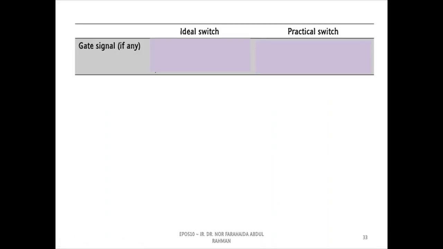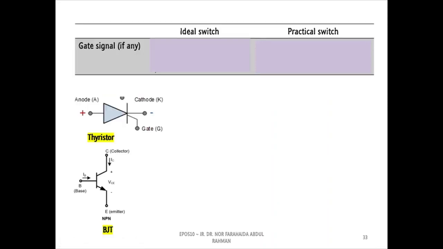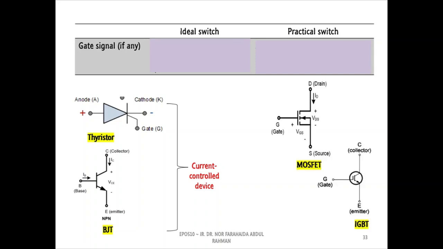Regarding the type of gate signals, thyristors and BJTs require current signals to turn on. Hence, they are known as current-controlled devices. Meanwhile, MOSFET and IGBTs need voltage signals to turn on, and they are called voltage-controlled devices.